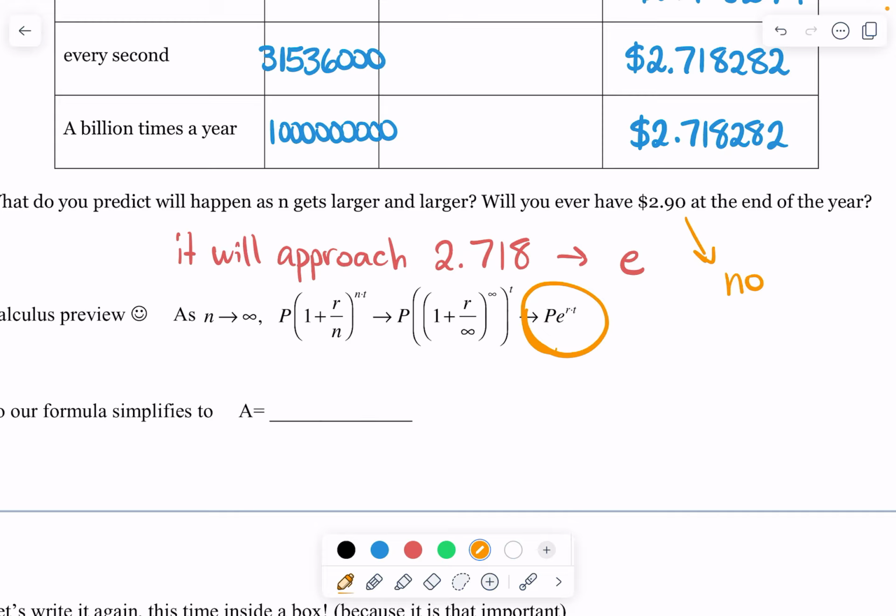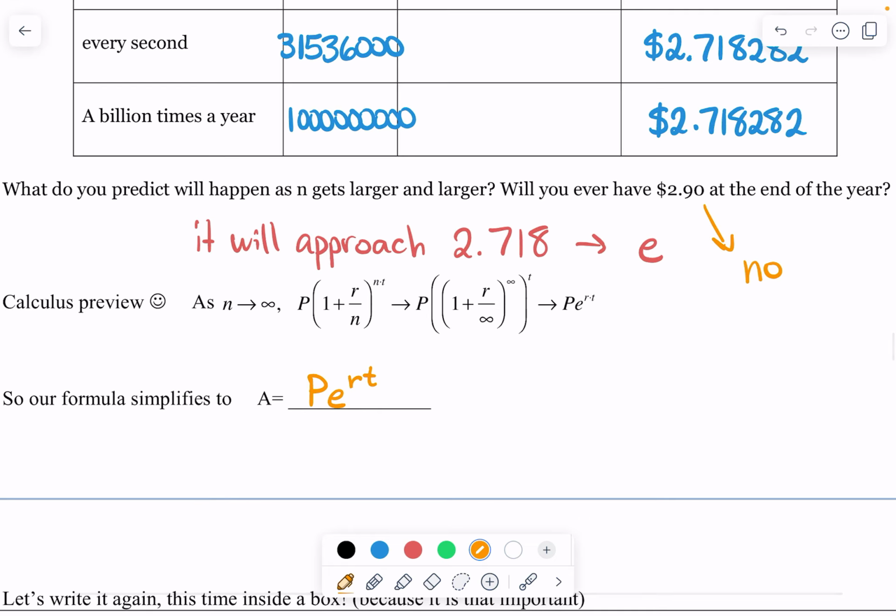And it becomes this: A is equal to the principal times e, Euler's number, so 2.72 roughly, raised to the rt power. We call this PERT as a shortening for it. Anytime we deal with continuous compound interest, we can use this rather than the more complex compound interest formula.